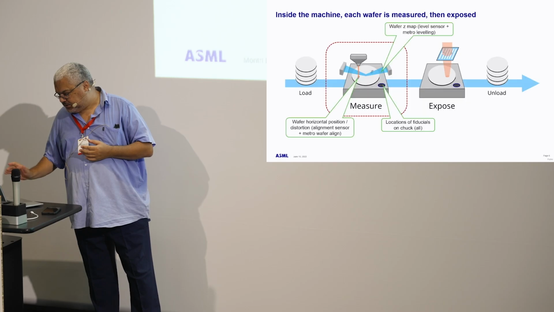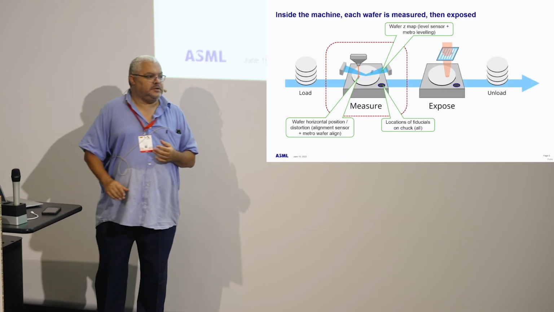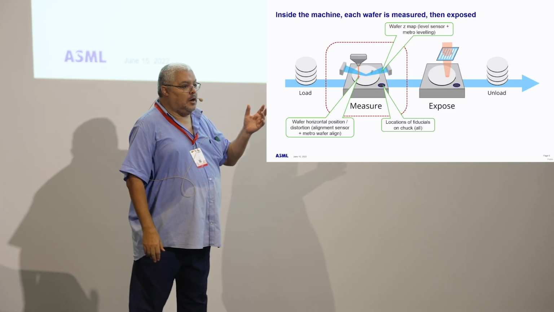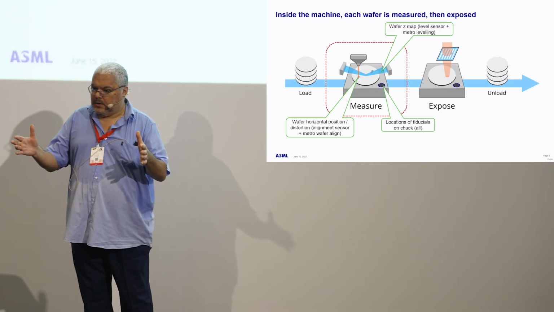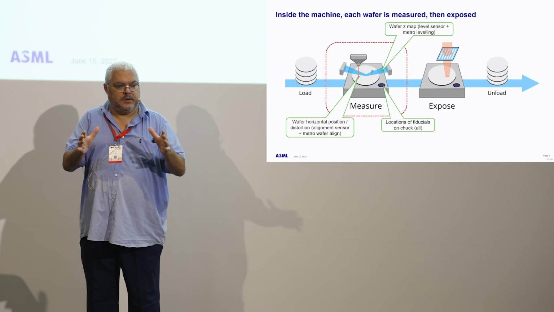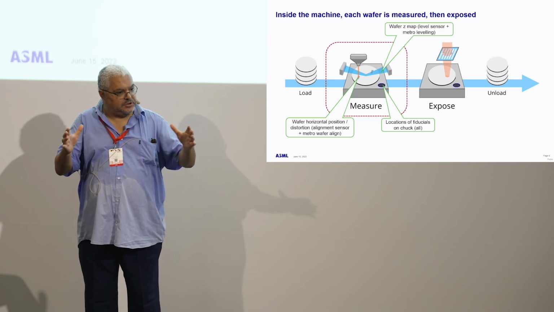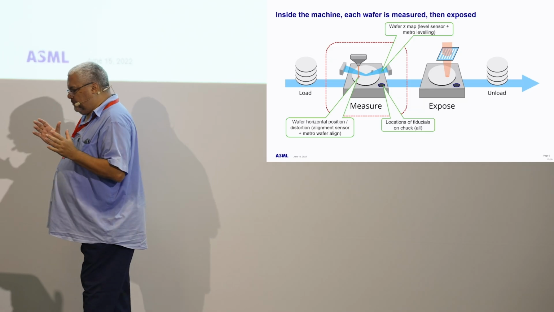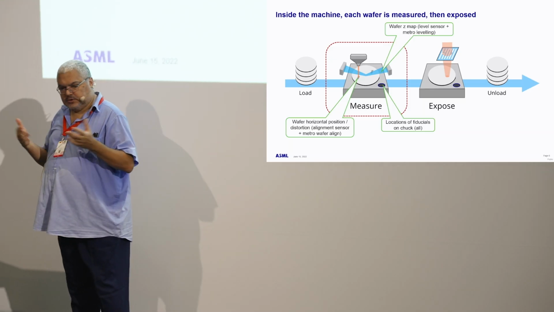Now, inside that machine, what happens is that the wafers are loaded in. They're initially measured, so we're looking at just tiny distortions in the surface of the wafer, so they might be slightly stretched, they might be slightly compressed, or so on in the machine. Thermal variations and so on.